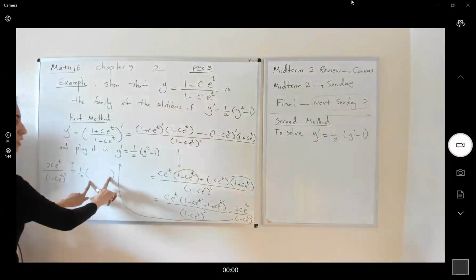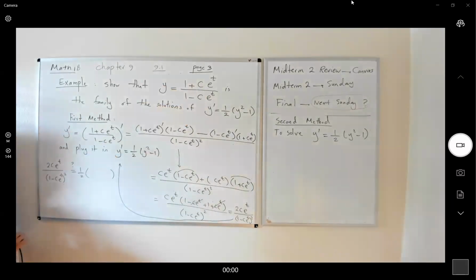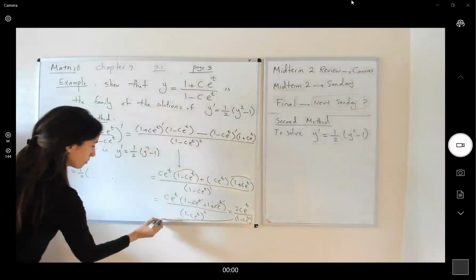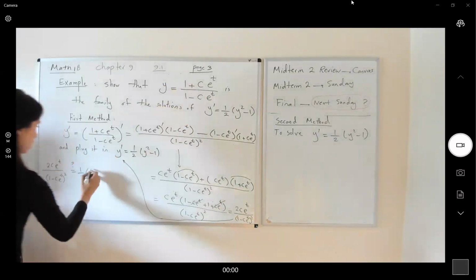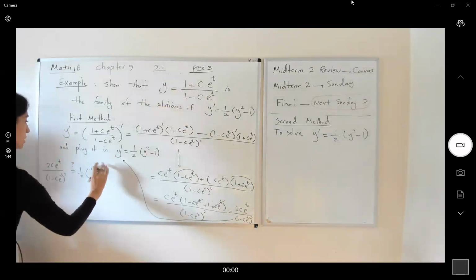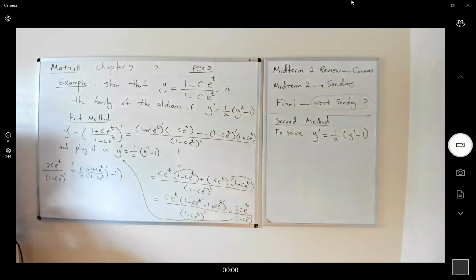We're just going to write it here and square it, minus 1. So here I have 1 plus c e to t divided by 1 minus c e to t squared, minus 1.